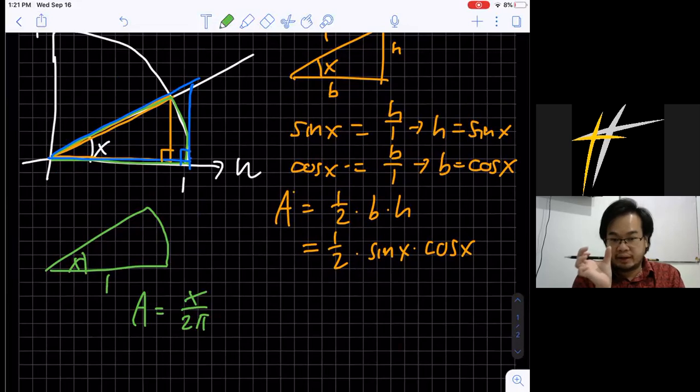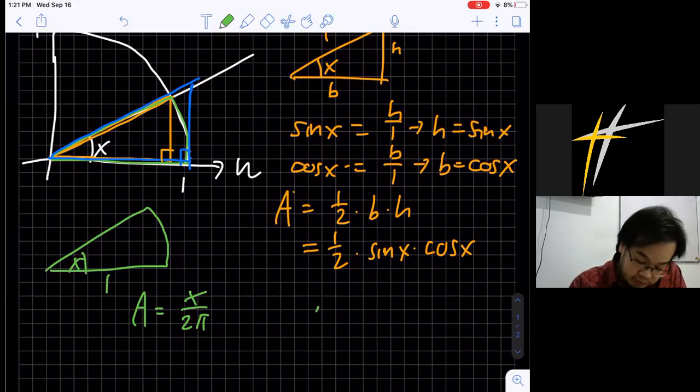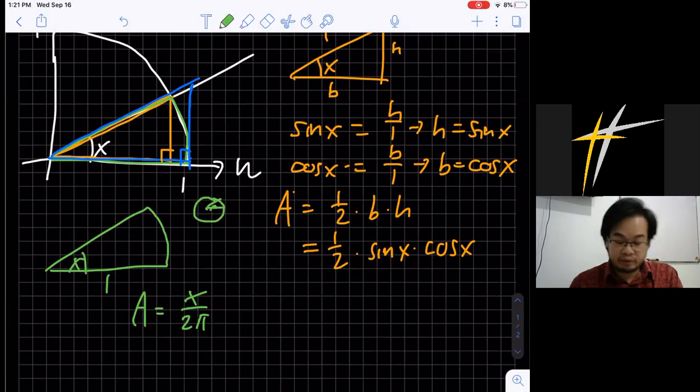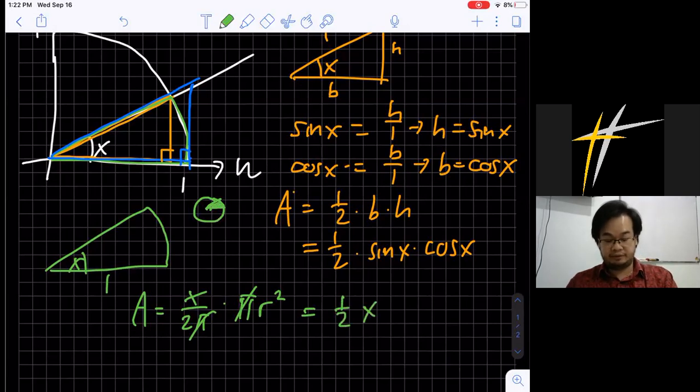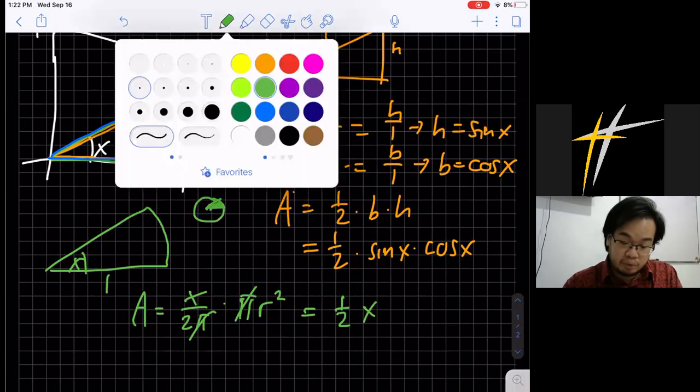So if we want to take x portion of the full circle, we are taking this one only, right? So it's x over 2 pi times pi r squared, the area of a full circle. Okay, so if I cancel the pi, the radius is 1, then actually the area is half x for the green one.